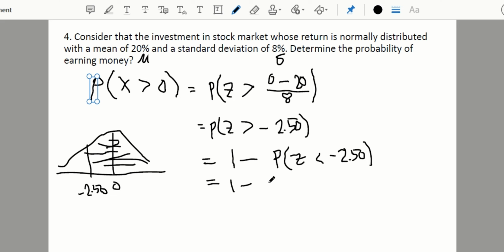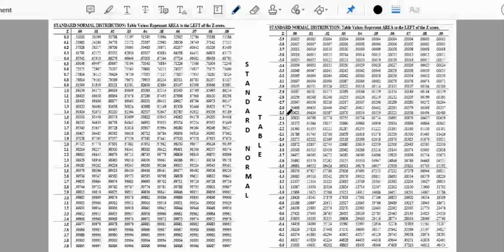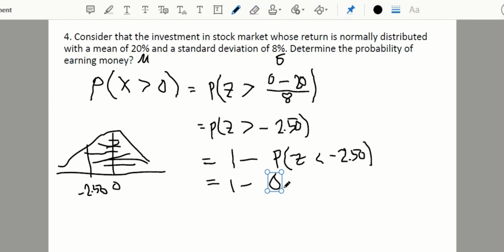So for negative 2.50, we have here 0.00621. So if we operate this one, we'll have 0.99379. So the probability of earning money is 0.99379.